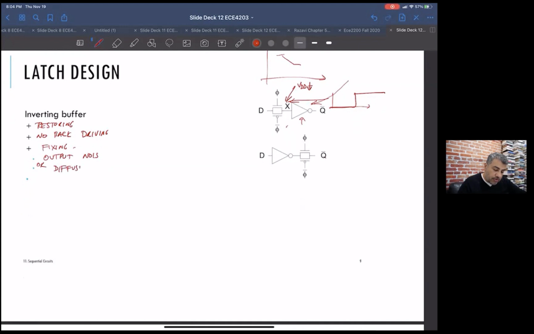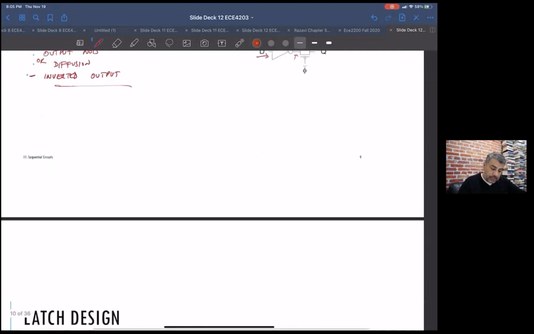So whatever's driving you is driving a gate, because you've shielded this diffusion, depending on whether you put your inverter on the output or the inverter on the input. Okay, on the minus side, somewhat, is that you have an inverted output. It's not the same polarity as your D input. Okay.